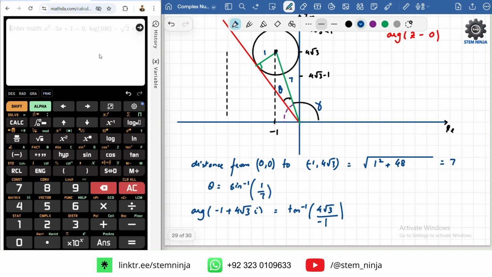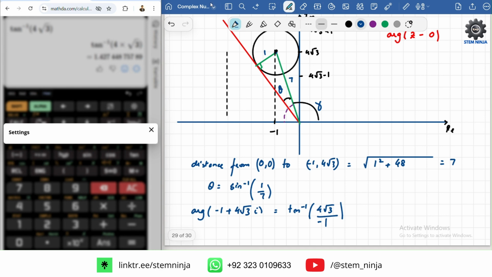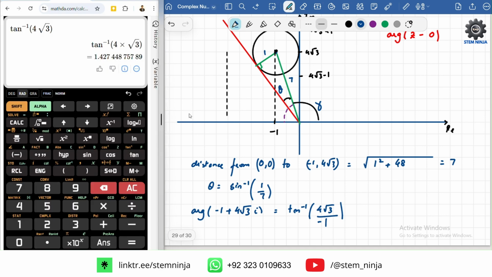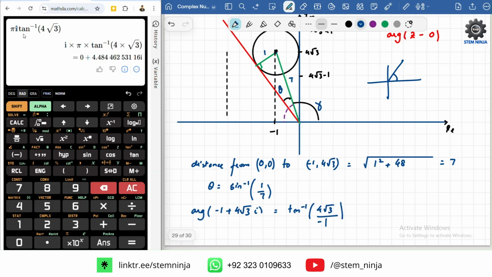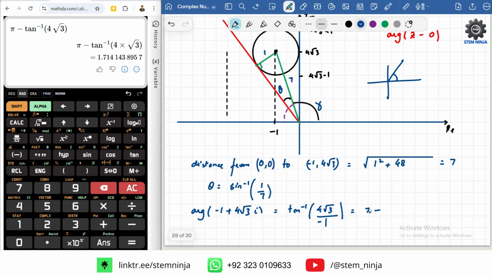So we need the radians. So tan inverse of 4 square root 3. Okay, so basically I found the positive value. So the positive value basically means this thing. So we just need pi minus that. So pi minus tan inverse of 4 root 3.